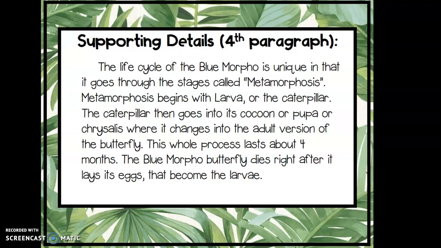The life cycle of the Blue Morpho is unique in that it goes through the stages called metamorphosis. Metamorphosis begins with larva, or the caterpillar. The caterpillar then goes into its cocoon, or pupa, or chrysalis, so it has several names, where it changes into the adult version of the butterfly.